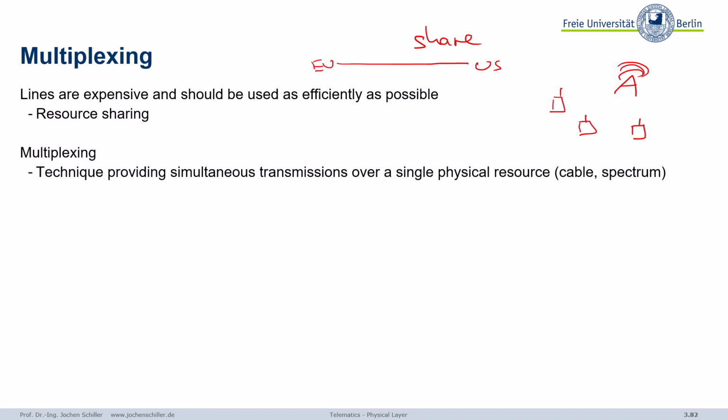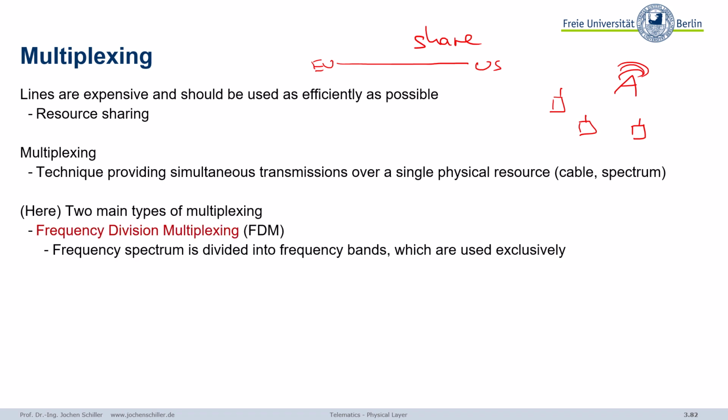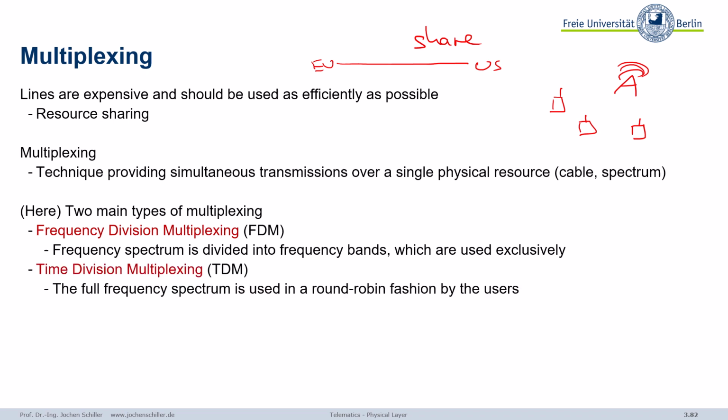The multiplexing allows us to simultaneously transmit something over a single physical resource, which is spectrum or the cable. Here in this lecture, we primarily look into two types. It's the frequency division multiplexing. So we subdivide the frequency spectrum into so-called frequency bands, sometimes also called channels, and time division multiplexing.